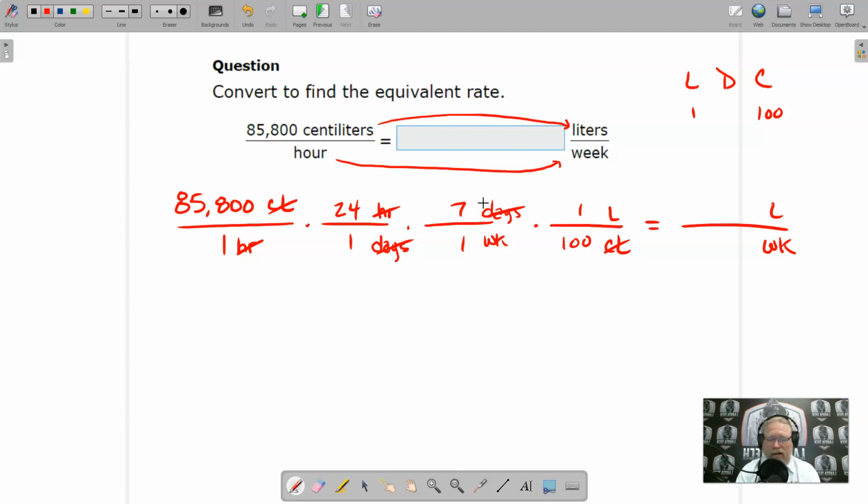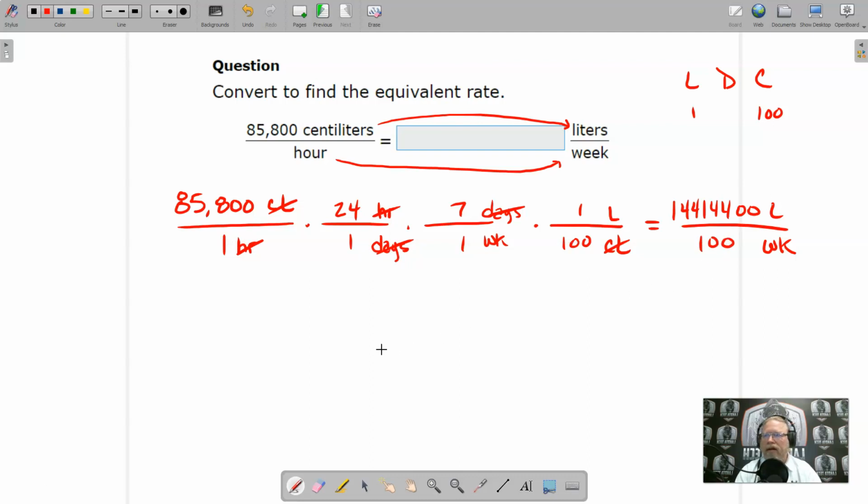Okay, so I better go ahead and use a calculator for that. 85,800 times 24 times 7 gives me a product of 144,144,00. And then 1 times 1 times 1 times 100 is 100.